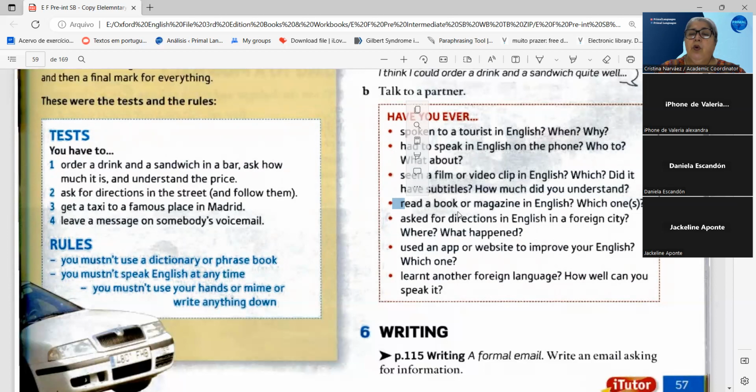Have you read a book or magazine in English? Yes, I have. Very good. Which one? I read a book in English. Excellent. Very good.